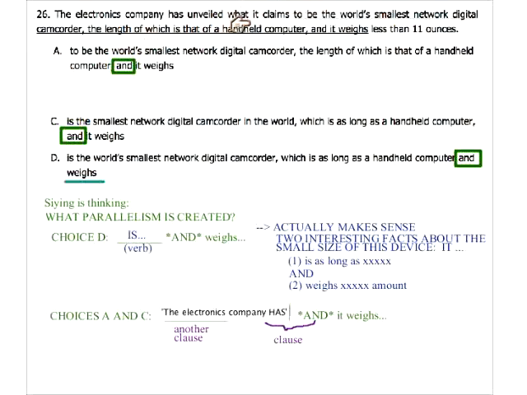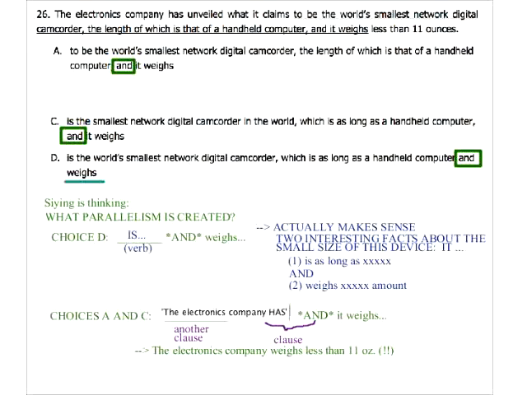Modifier, modifier, modifier. And it weighs less than 11 ounces. Well, you're forced to conclude that it is the electronics company. So that's not a reasonable implication. The electronics company weighs less than 11 ounces. That's pretty light for a company. So that's something we can look at.